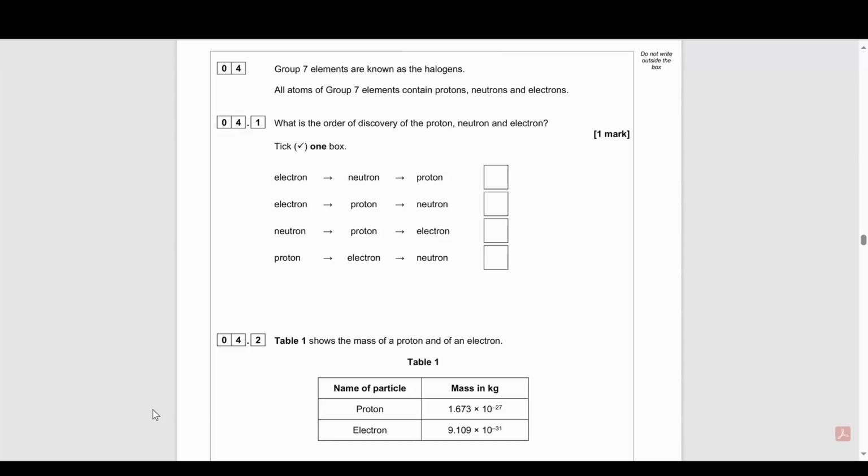And in that plum pudding model, there was a discovery of electrons, negatively charged particles that were embedded in a sea or blob of positive charge. So the electrons were first discovered. So we're just left then with our first two, as we know that these bottom two cannot be right.